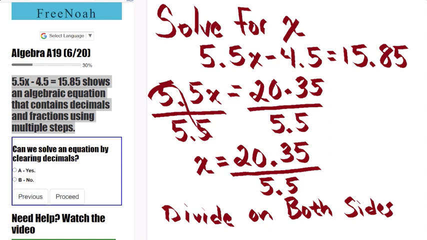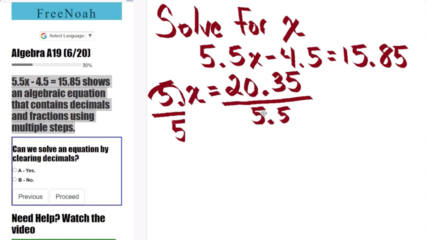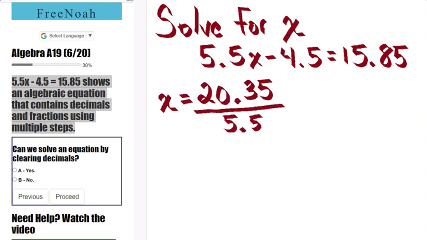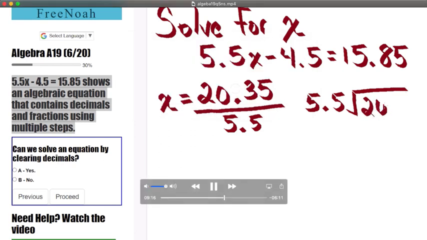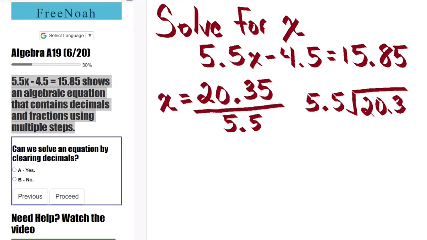We can input it into the original equation. But let's take it one step further and simplify by carrying it out in long division. So we're actually going to divide. We have our divisor on the outside of a long division bar: 5 and 5/10 outside the division bar, and 20 and 35/100 as our dividend inside.